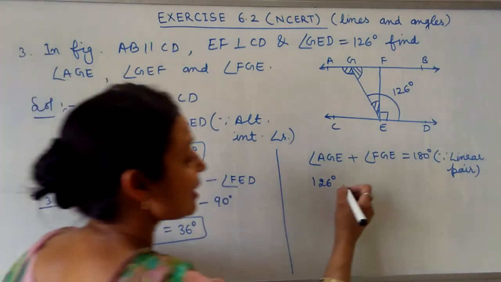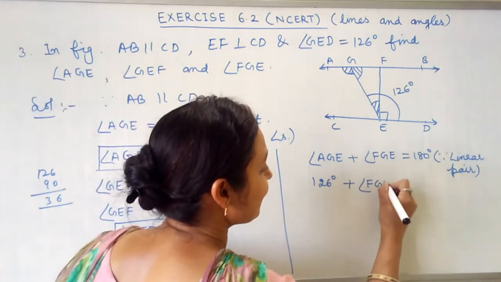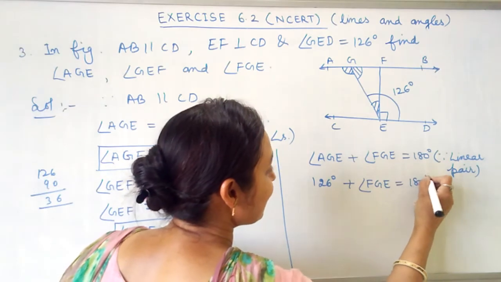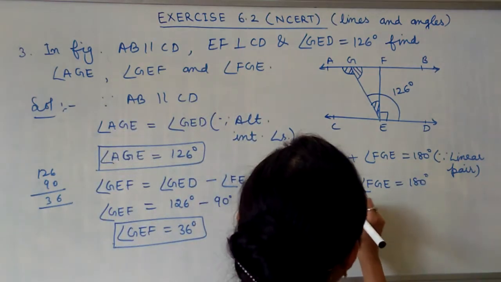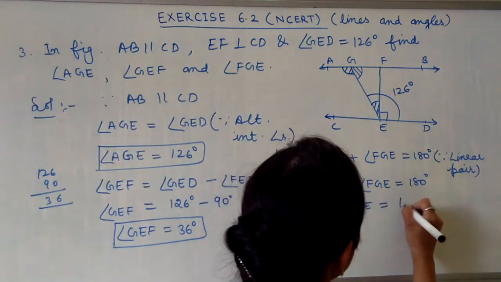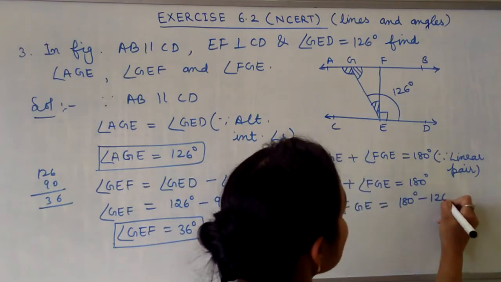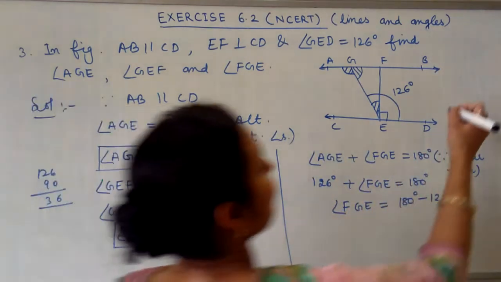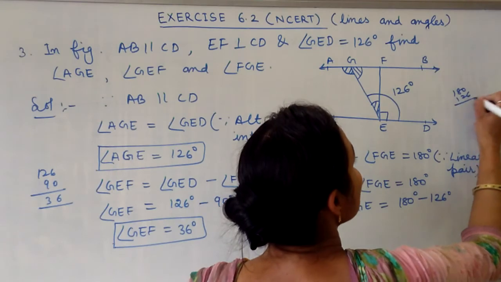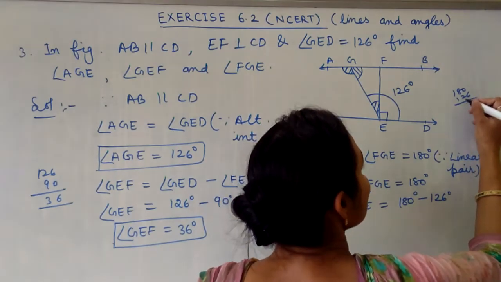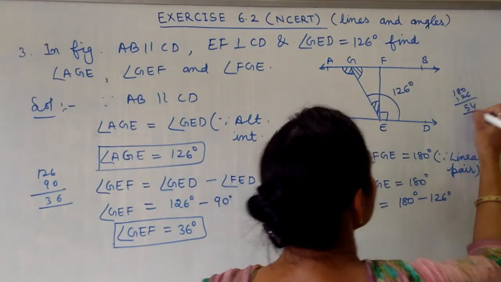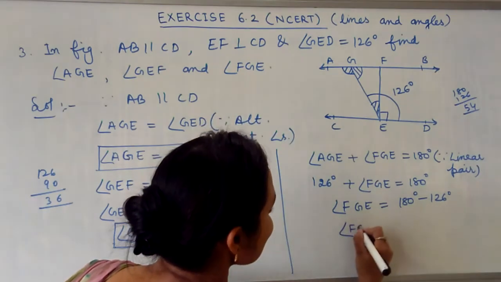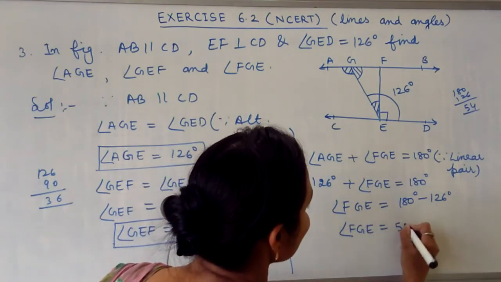We have to find this angle FGE. Angle FGE is equal to 180 minus 126 degrees. After subtracting 126 from 180, this is 54 degrees. So angle FGE is equal to 54 degrees.